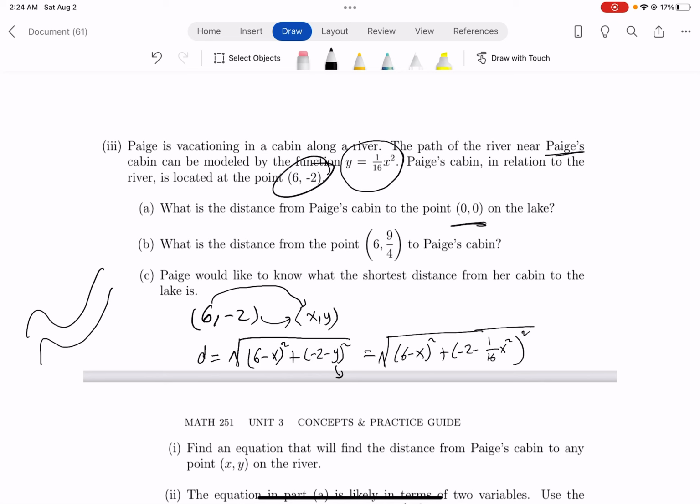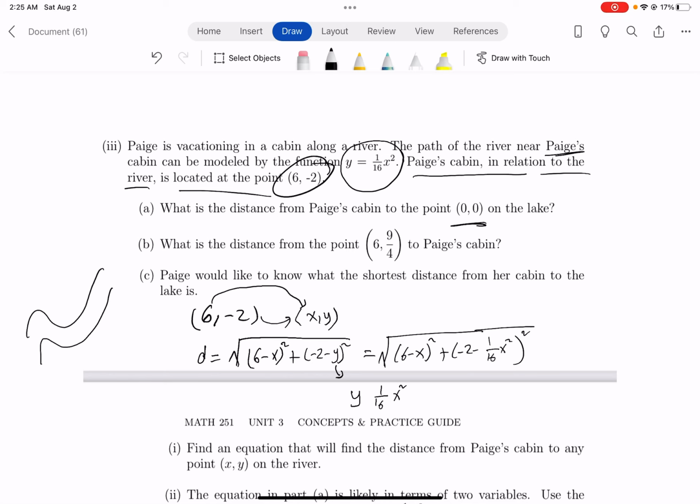And you could see here that the Page Cabin in relation to the river is located at 6 and minus 2. And of course, the cabin's y is minus 2. And the y distance is 1 over 16 x squared.